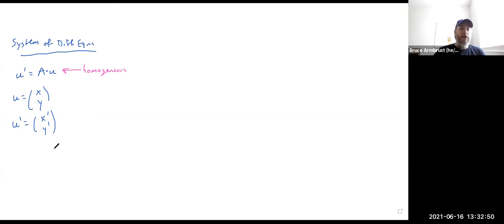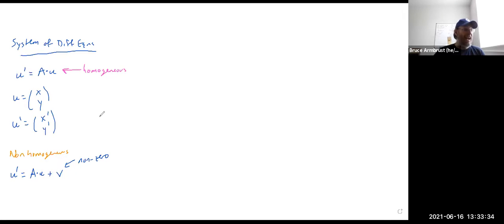If we had a non-homogeneous system, we would be able to write it as, again, a matrix equation. Oops, not plus. Sorry about that. So u prime equals Au plus v. And as long as v is non-zero, this would be a non-homogeneous system of differential equations.